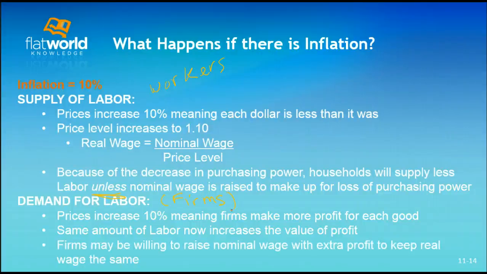This means firms may be willing to raise their nominal wage because they've got extra profit, which should keep the real wage the same. And remember, the workers were willing to keep supplying the same amount of labor as long as the nominal wage was raised. Well, firms have more profit. They could raise the nominal wage, and in general, in a competitive market, that's exactly what we would see.